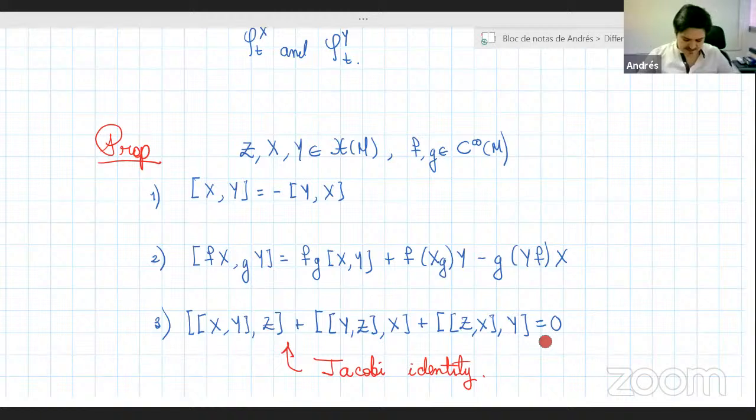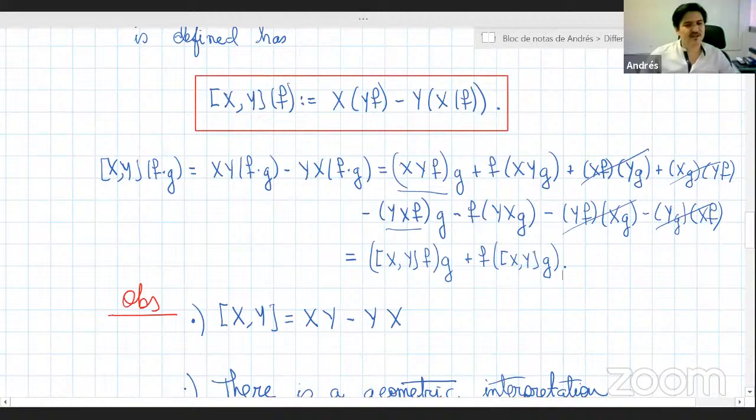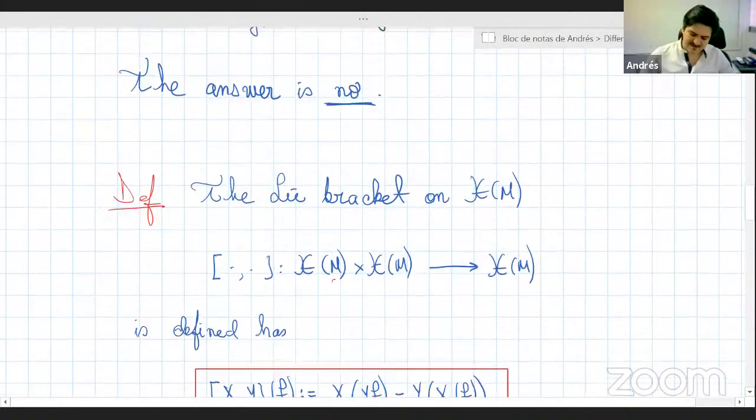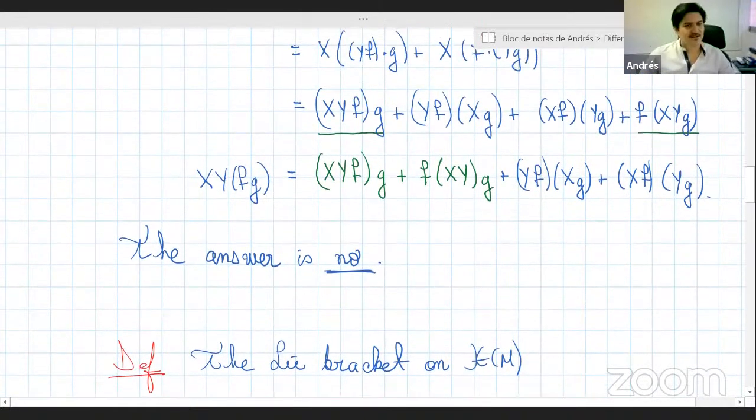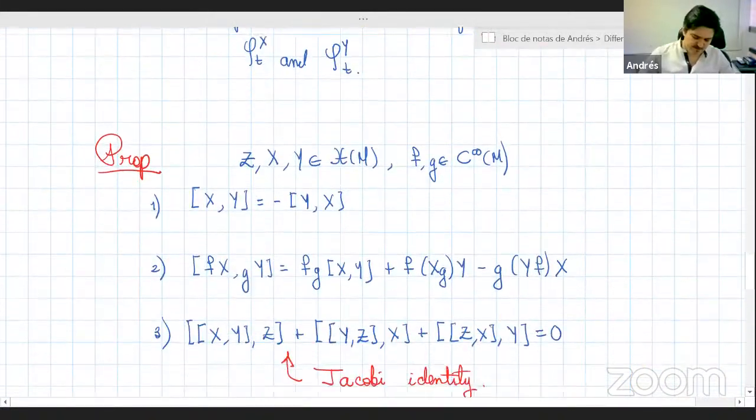Okay, now I'm not going to give you a proof of this. You can do it on your own. It's just the same algebraic manipulation that we did here and here. Basically, that's the knowledge that you need to prove that proposition. Know that x and y and the bracket is a derivation, and you can prove these two properties.